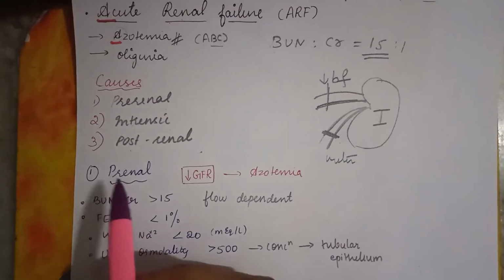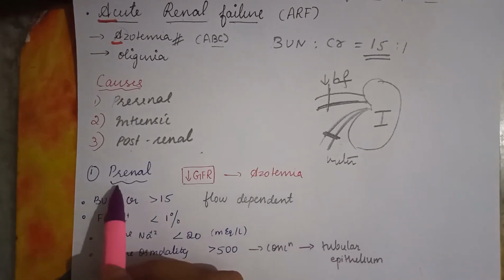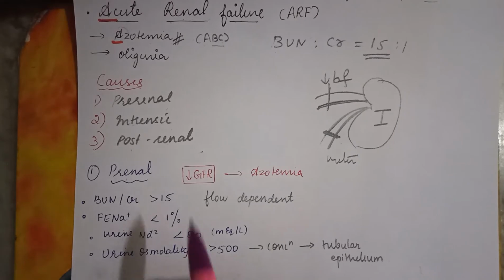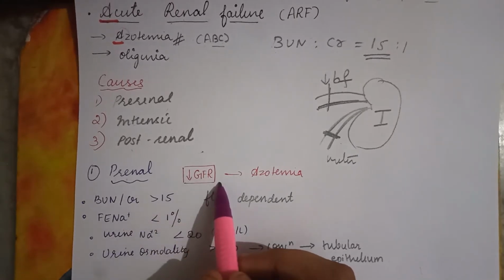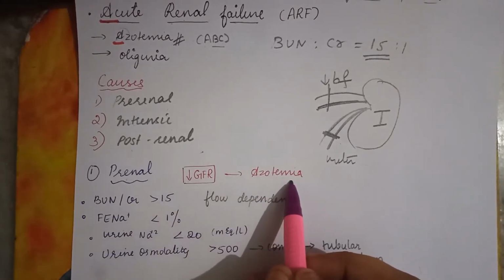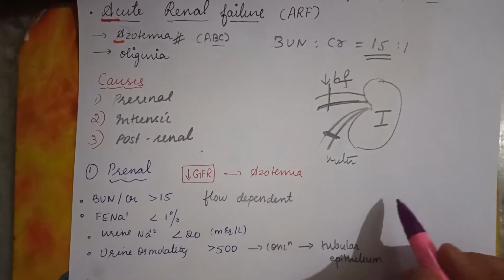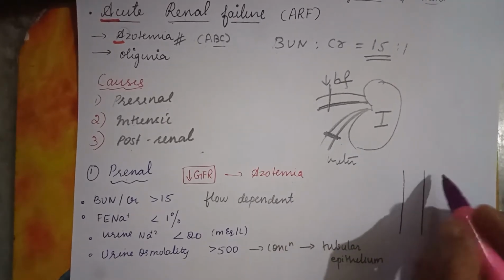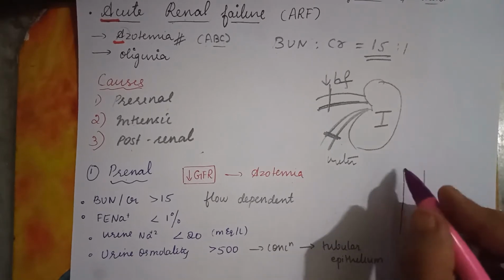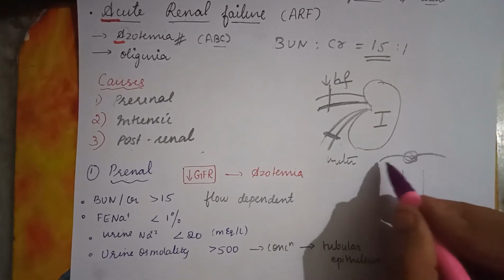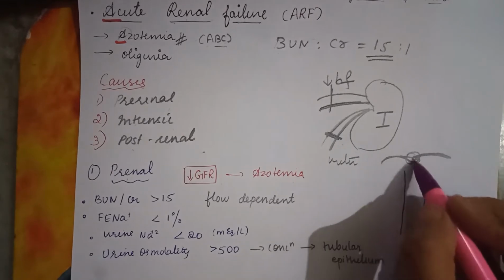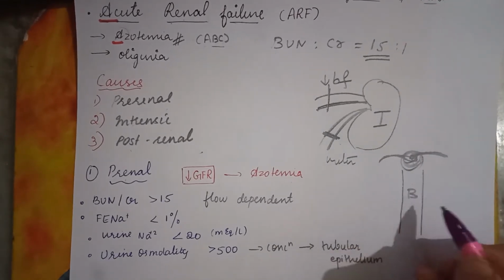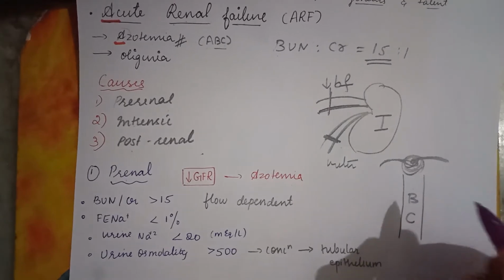Now, first coming to pre-renal. In pre-renal azotemia, there is a decrease in glomerular filtration rate which leads to azotemia. Obviously, if we consider this as the tubule, this as the efferent arteriole, and this is nothing but our glomerulus, and this is blood urea nitrogen and this is creatinine, what will happen?